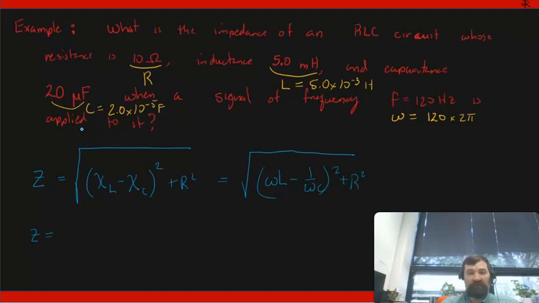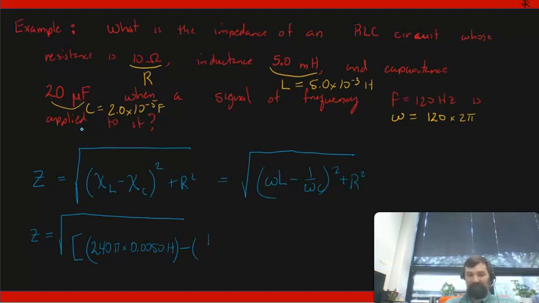So Z, the impedance, should look like the square root of, and our first term is omega times L. So we're looking at 240 pi times 0.005 Henry, minus the capacitive reactance.